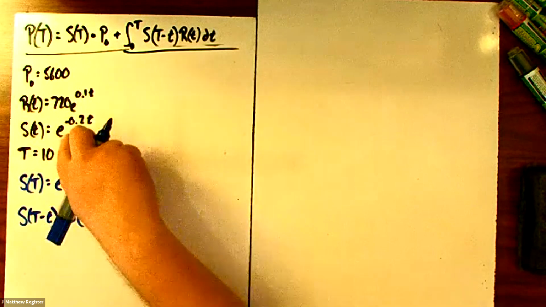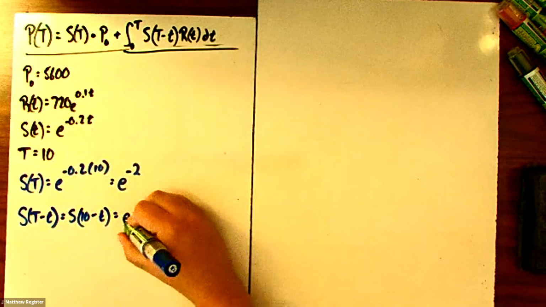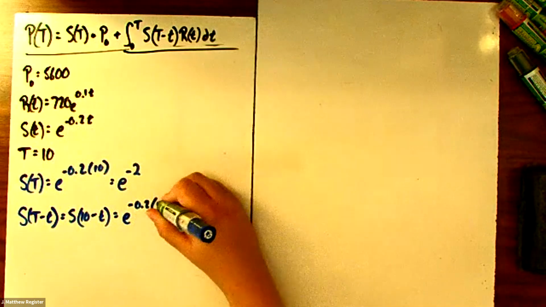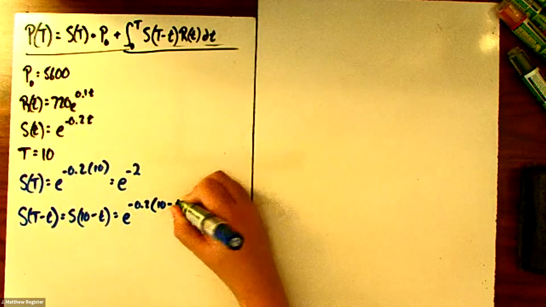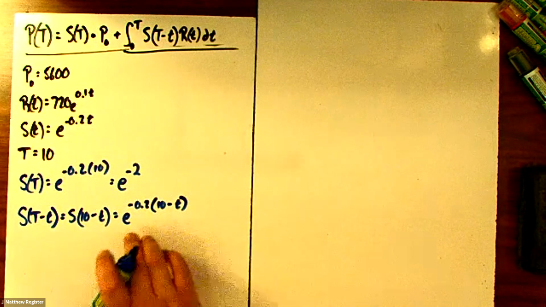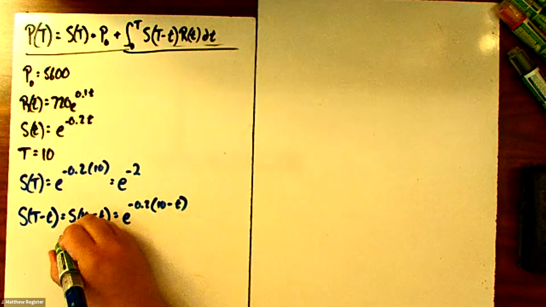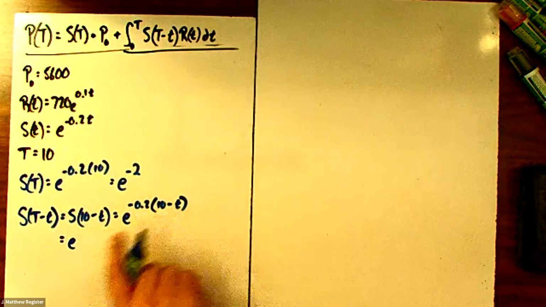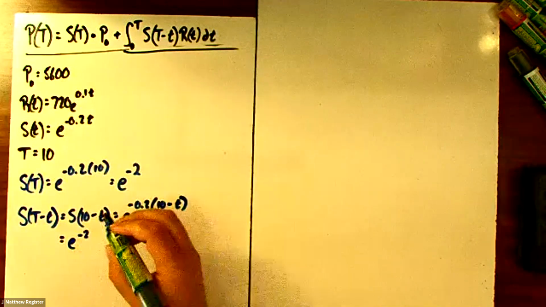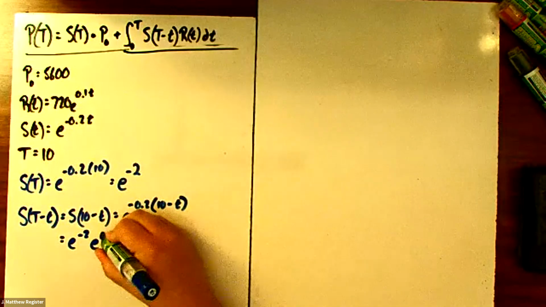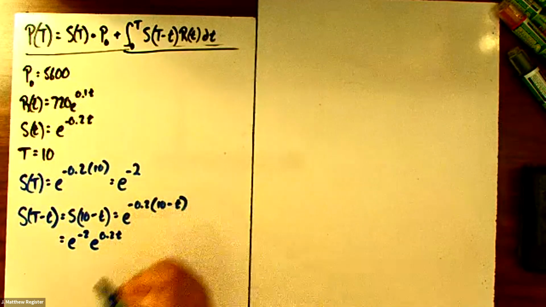And so looking at our S of t function, that's going to give us e to the negative 0.2 times 10 minus little t. Now, if we remember our algebra 2, we can clean this up. So cleaning that up, we are going to get e to the negative 2 times e to the positive 0.2 t.